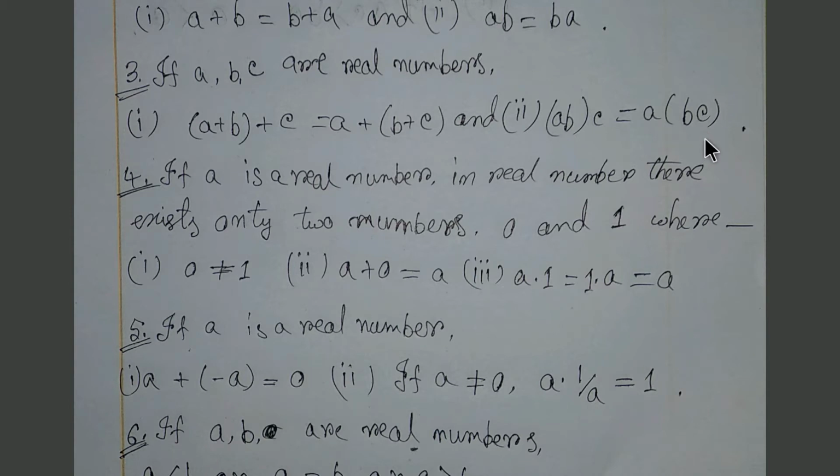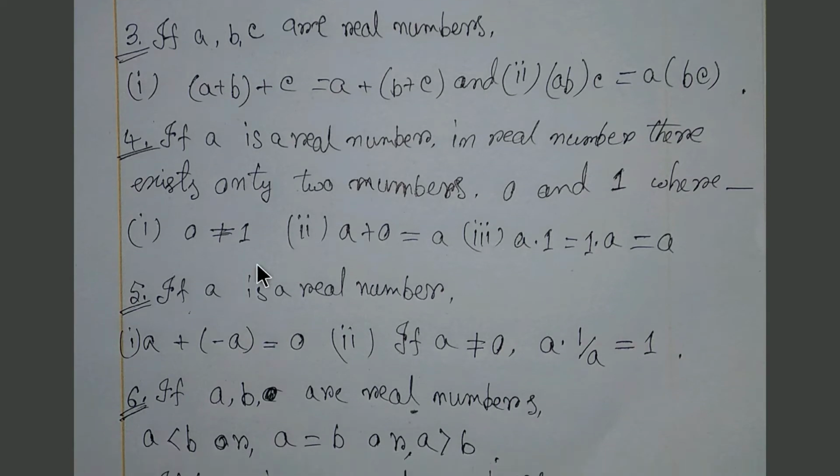Here bc is together. In the real numbers there exist two special numbers. We all know that the numbers are 0 and 1, where 0 is not equal to 1, and a plus 0 is equal to a, and a into 1 is equal to 1 into a is equal to a.